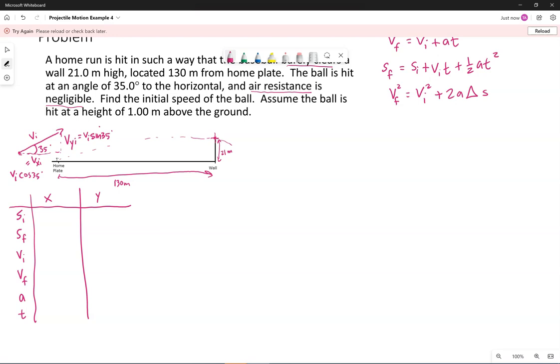All right, we need to choose an origin. We can choose that origin wherever we want it to be. If we go ahead and just call it at the ground, like I've been doing before, so at the ground, right initially where the ball is hit, that would mean the x initial is 0, but y initial will be positive 1, because we're assuming the ball is hit at a height of 1 meter above the ground.